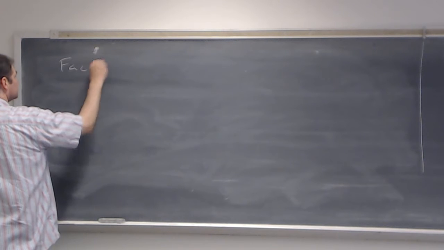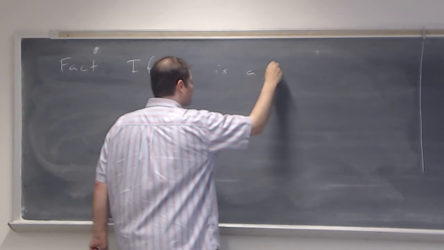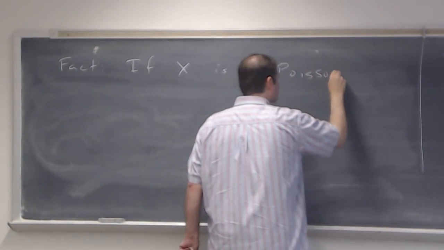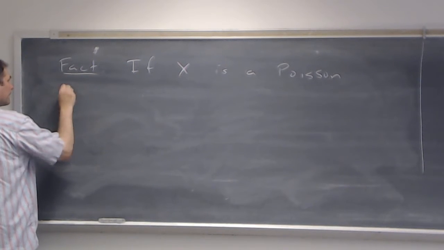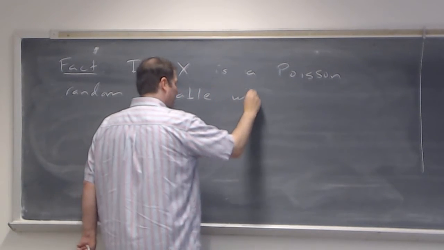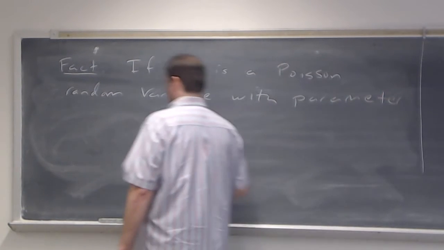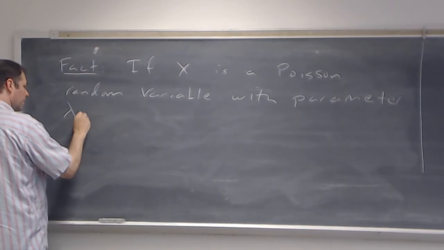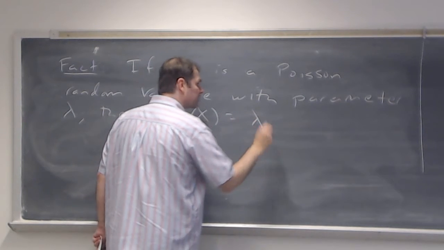Next, we're going to look at the variance. So it's a fact: if x is a Poisson random variable with parameter lambda, then the variance of x is also equal to lambda.